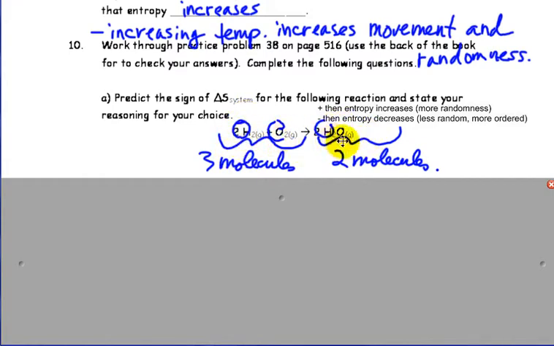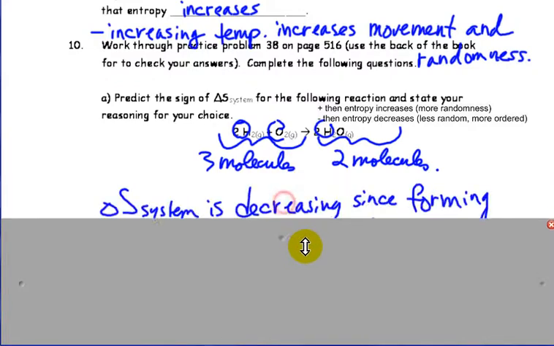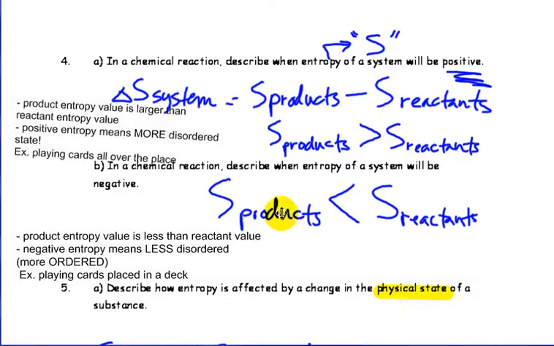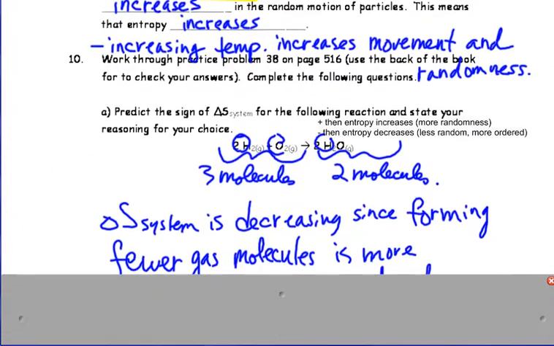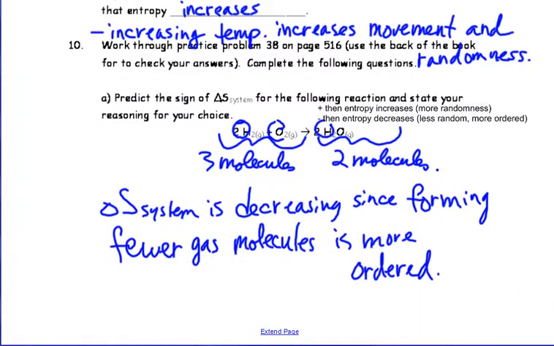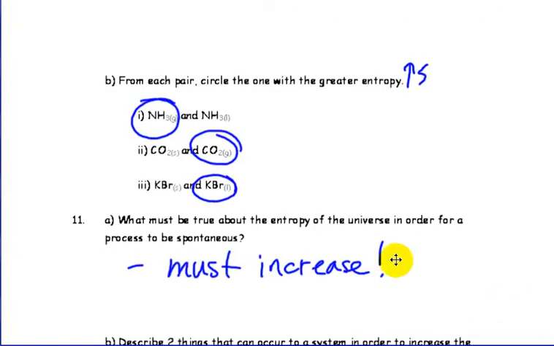On the right-hand side, I have 2 molecules of water. So the entropy is decreasing as we go from left to right because products are less than reactants. It's more ordered, so we would have entropy decreasing because we have fewer molecules on the right-hand side. Or we could say the entropy of the reactants is higher than the products.